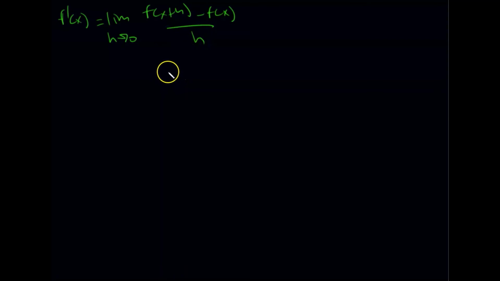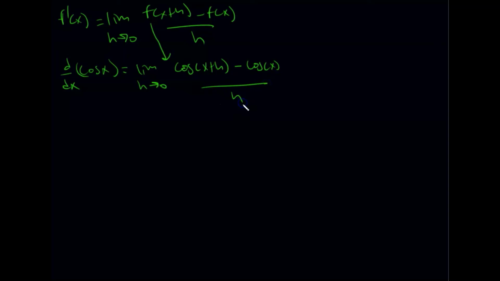If we apply this to the cosine function, specifically, if we want to figure out the derivative of cosine x, we can write this as the limit as h approaches 0 of cosine of x plus h, minus cosine of x, all over h. Note, we're just plugging in cosine for the function f of x here. This should look very similar to what we did in the sine example.